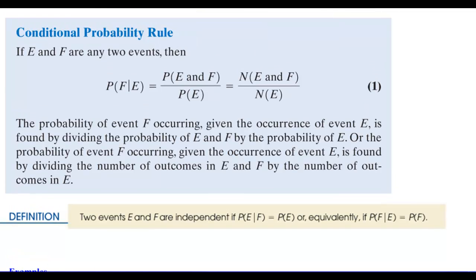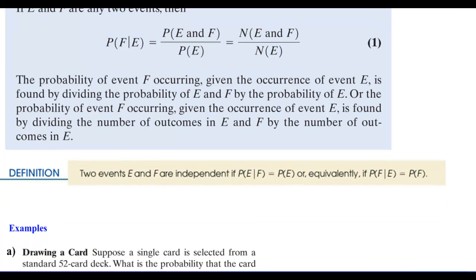So to find the probability of F given E, we can do the probability of E and F at the same time divided by the probability of E, or the number that occur in E and F divided by the number of E. And I do want to make a note here.